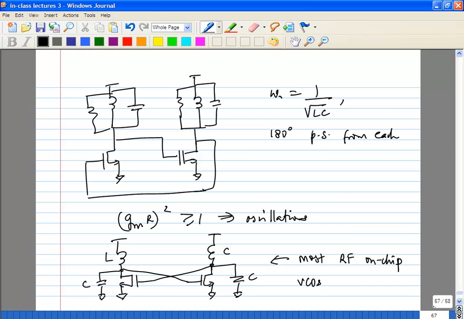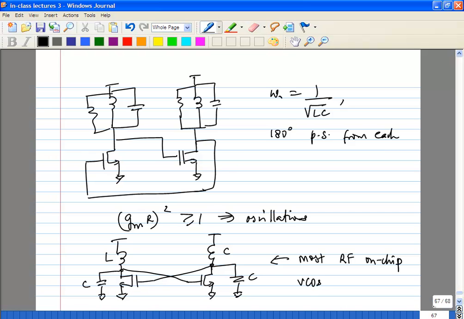Most of them follow some form of this circuit. Okay, so we'll stop here. Next class we'll take a look at the circuit and different forms of the circuit, then we'll move on to other RF oscillators.